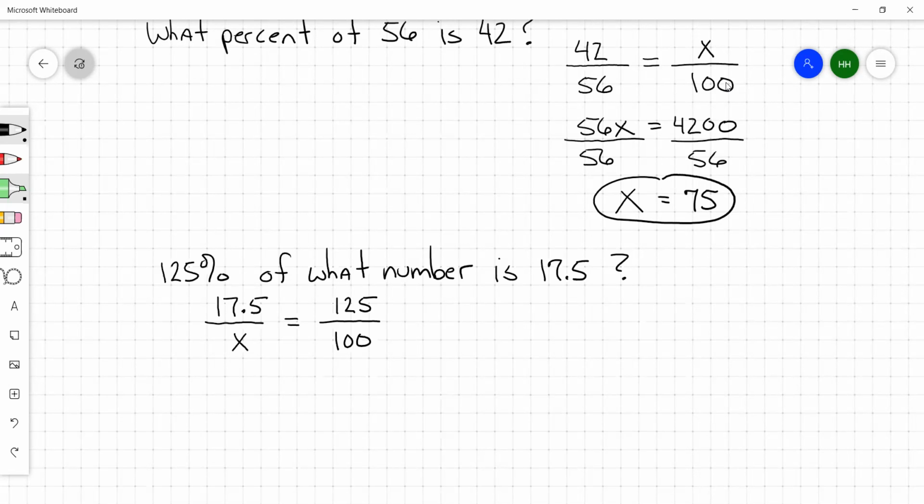Now you crisscross multiply again: x times 125 is 125x, and 17.5 times 100 is 1750. Divide both sides by 125, and x is equal to 14.